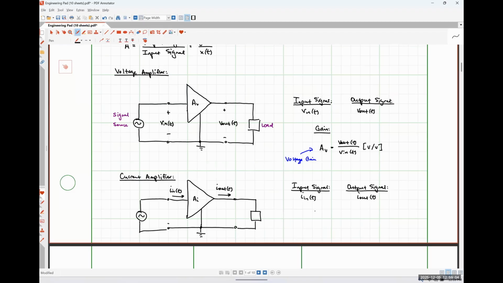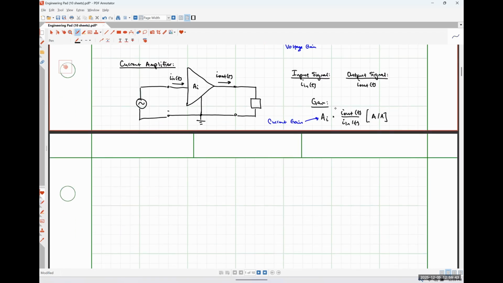And so our gain is simply a current gain, where I'm going to say that A sub I is just the ratio of I out over I in. So it will be measured in amps per amp. And let me just note that this is indeed current gain. And now we're just going to start mixing and matching voltages and currents, right?